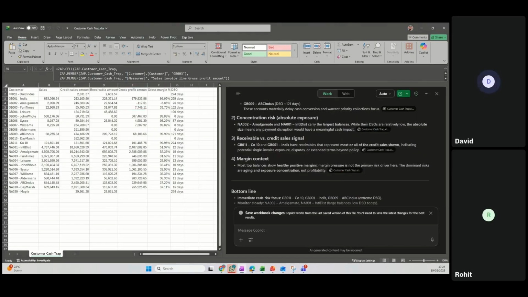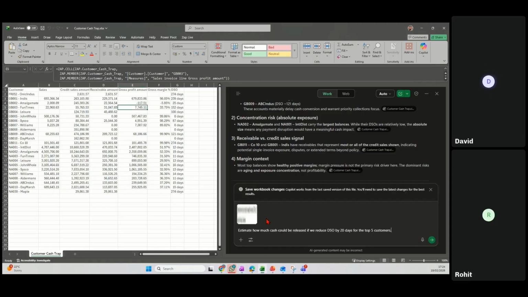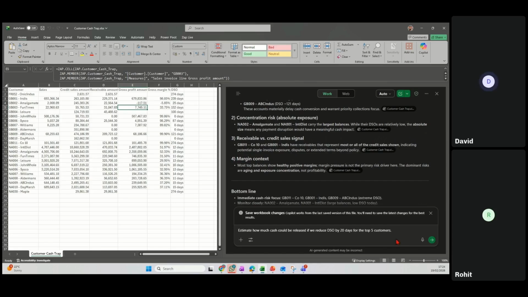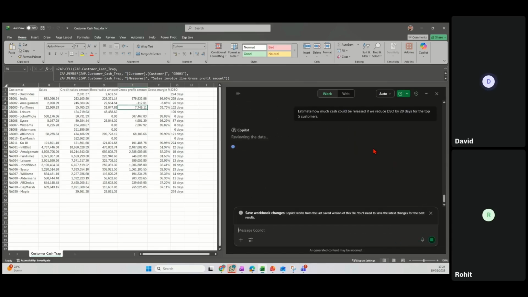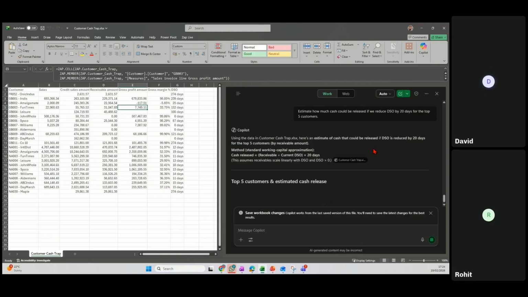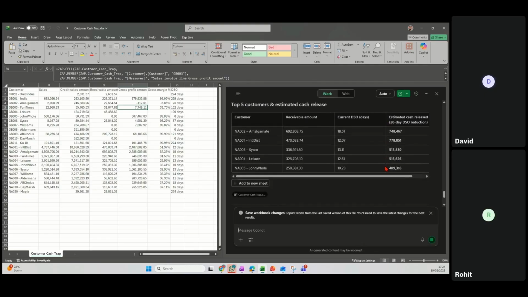Now we can get what-if scenarios using AI. Let's say, hey, estimate how much cash could be released. So we are now creating the strategies, right? Cash could be released if we reduce the days sales outstanding by 20 days for the 5 customers, only the 5 customers. So it's creating the analysis. In this case, it's even creating a report.